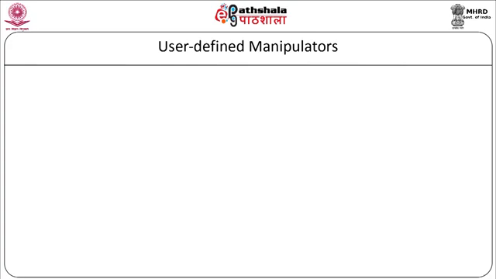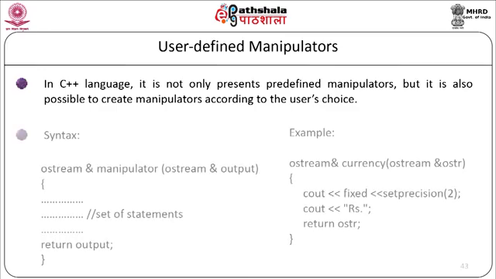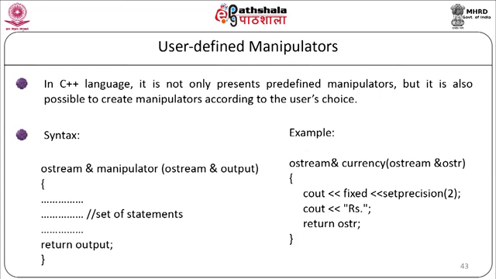User defined manipulators. In C++ language, it is not only possible to use predefined manipulators to format the output, but it is also possible to create user defined manipulators according to the user's choice. The syntax is ostream& manipulator(ostream& output) and the code will follow, which will be the set of statements, return output, and the function will end.